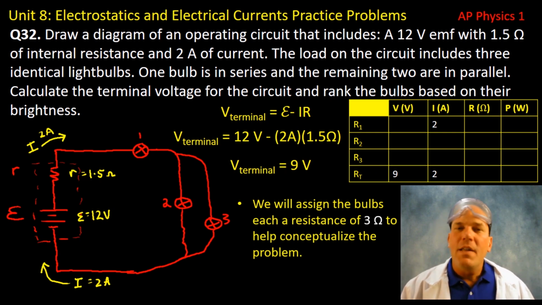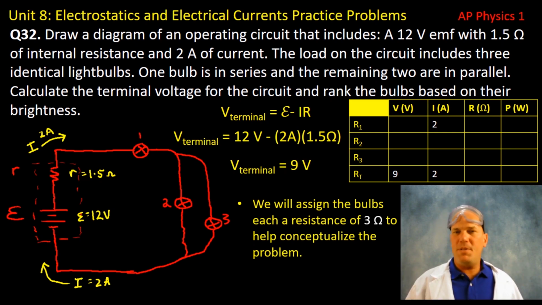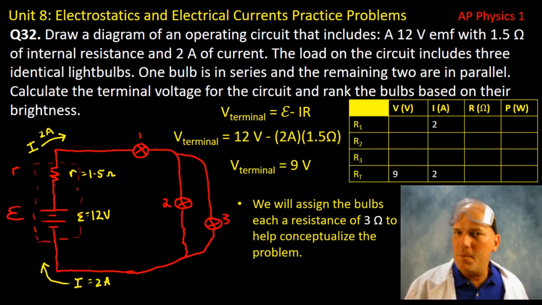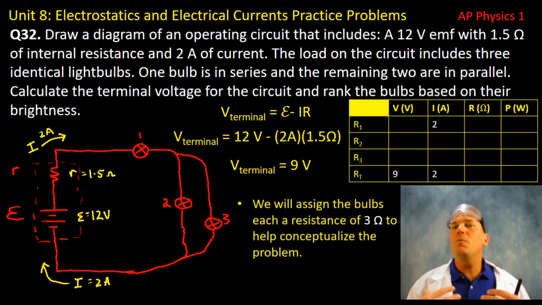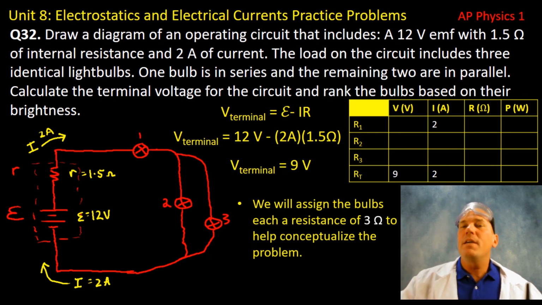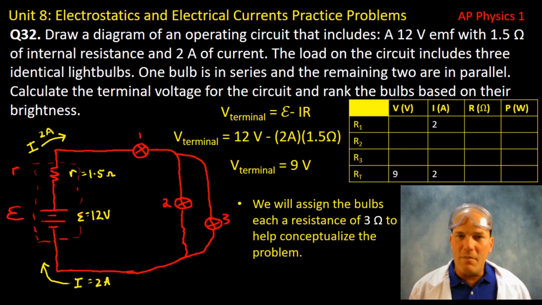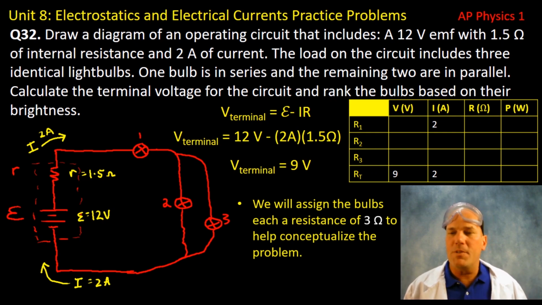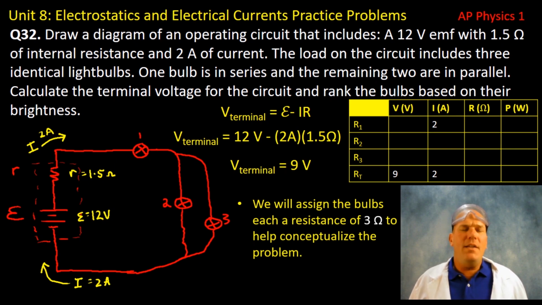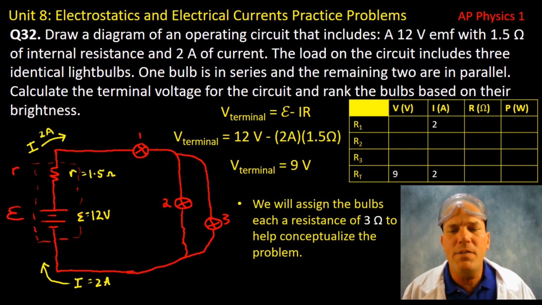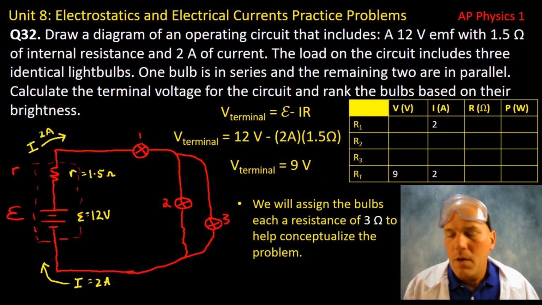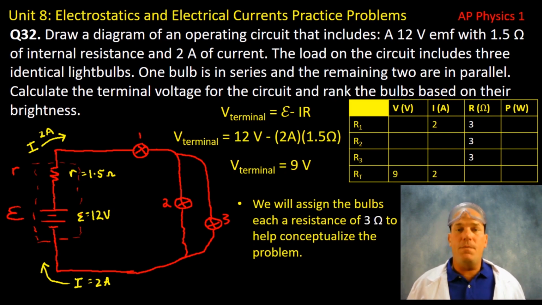And one thing that is completely acceptable to do if time permits on the exam is to make up data to help conceptualize, to help utilize that semi-quantitative approach to solving problems. So let's say each light bulb has a resistance of 3 ohms. All right. So let's actually fill out a VERP table and do some calculations, even though there's a very simple way to rank the brightnesses of these light bulbs.